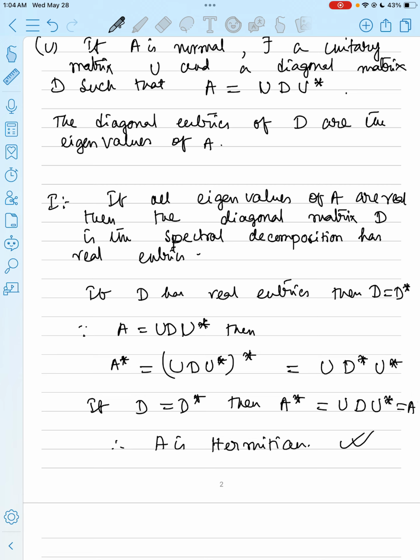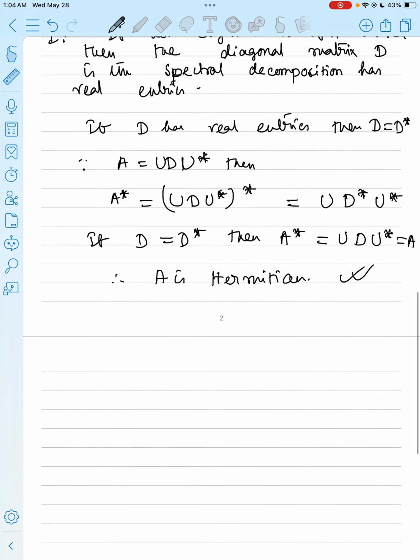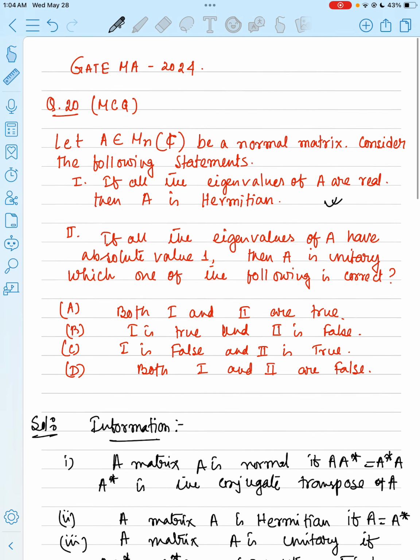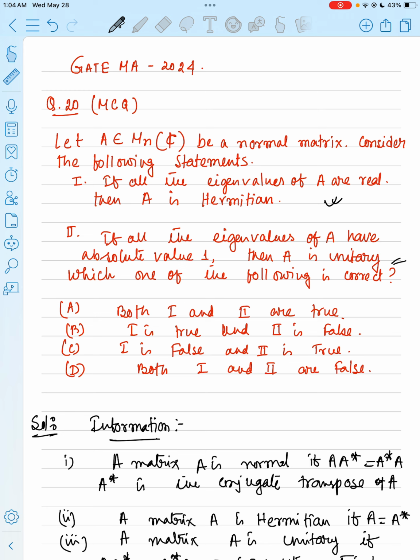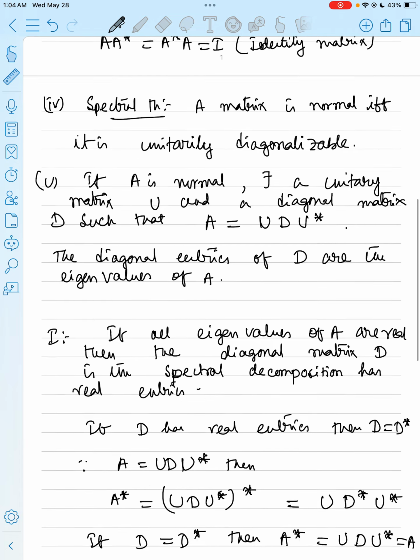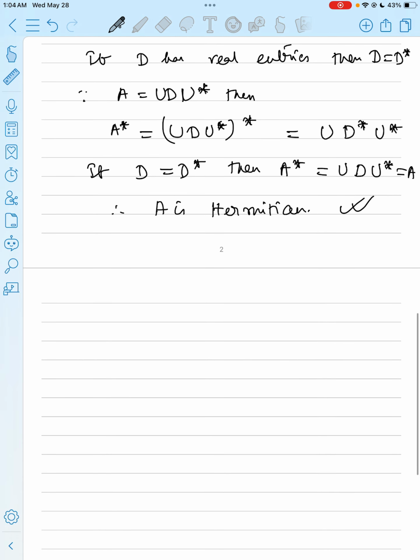Now analyze statement 2. Statement 2 says if all the eigenvalues of A have absolute value 1, then A is unitary. Let's check whether it is true or false.